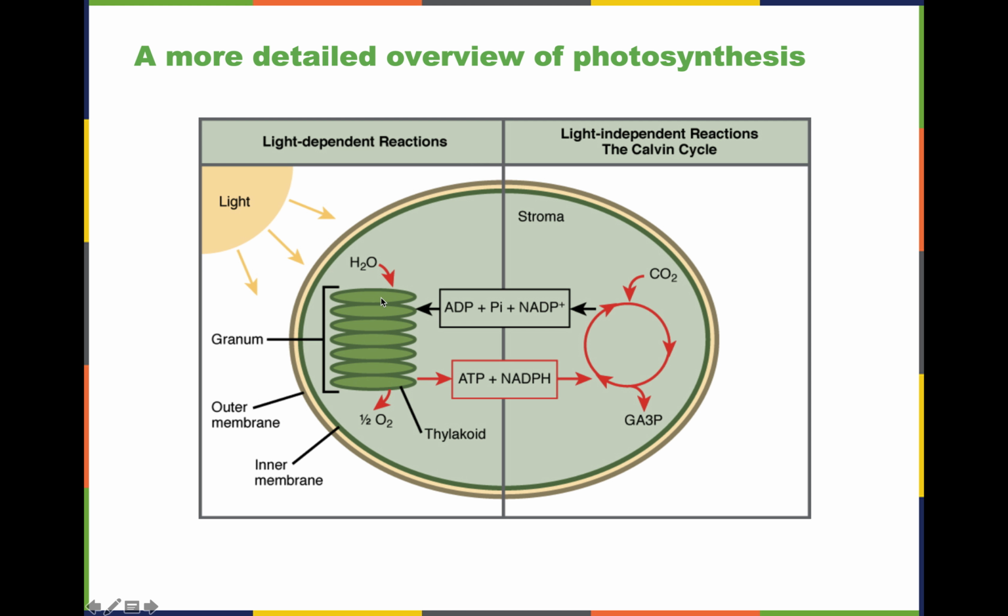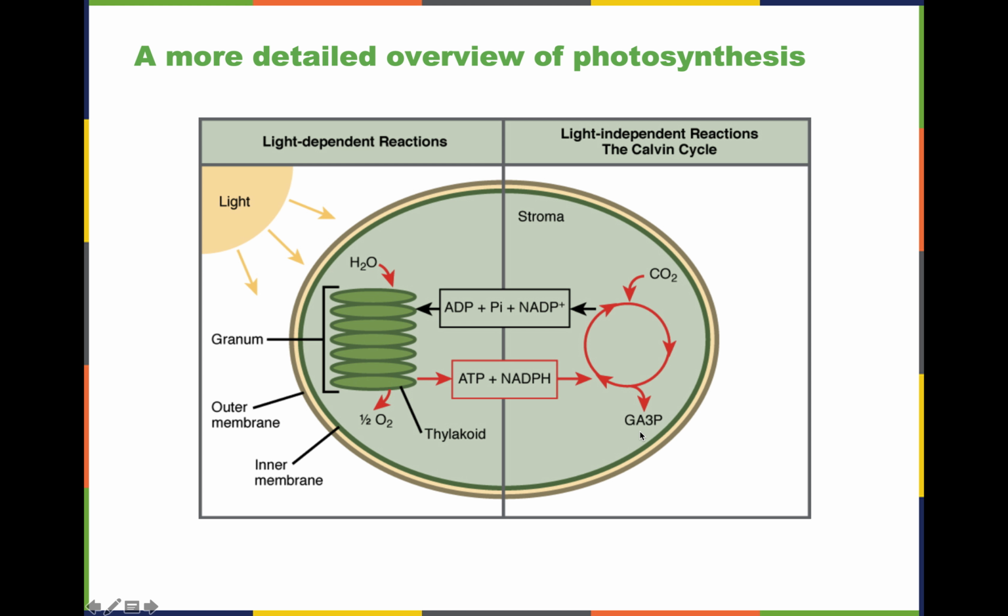So due to these reactions that happen on the thylakoid membrane, you're going to get some chemical energy of ATP and NADPH, which is fed into the Calvin cycle, during which CO2 is captured and then turned into a sugar molecule, which is called GA3P or G3P. And notice that you're not making glucose yet.